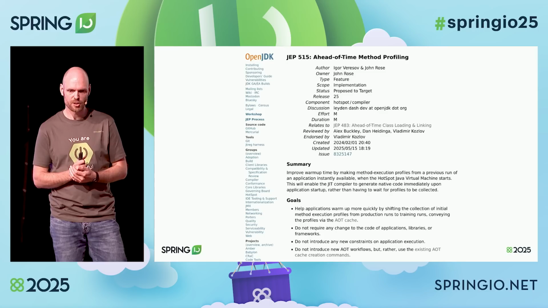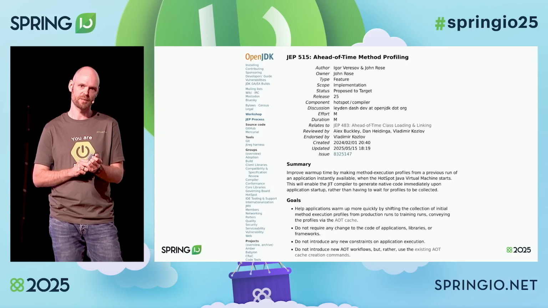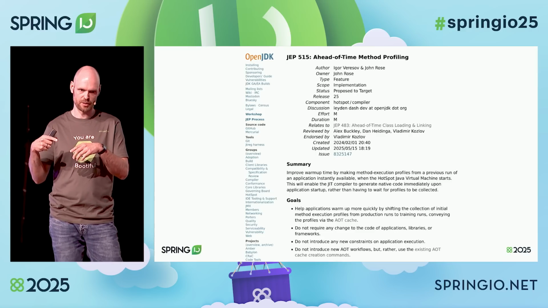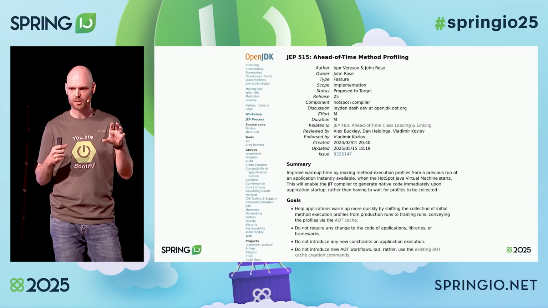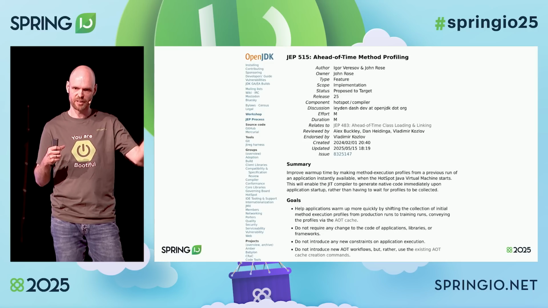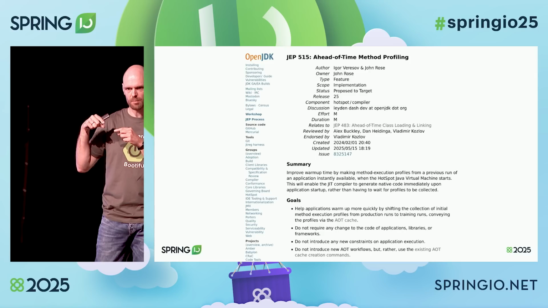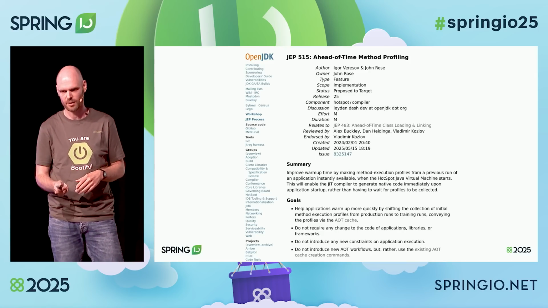So the amazing Java team is working right now on ahead-of-time method profiling. That means when you do your training run, the profiler, which is in the compilers, already analyzes your application, and then they store this profiling data in the cache too. So that means when you then use the cache for startup, your JVM gets hot faster because it already has profiling information.